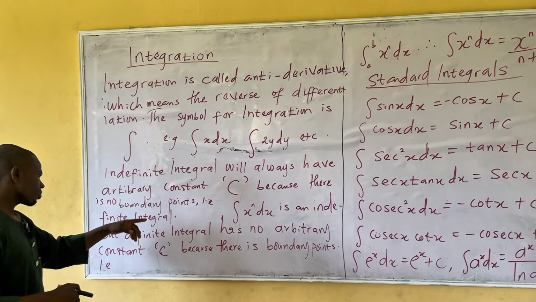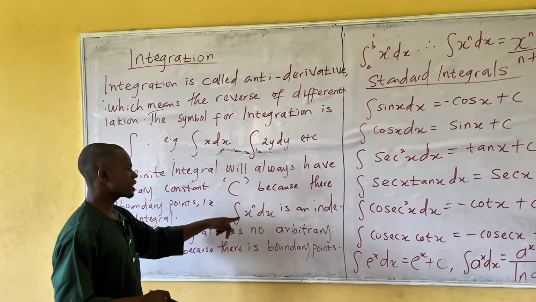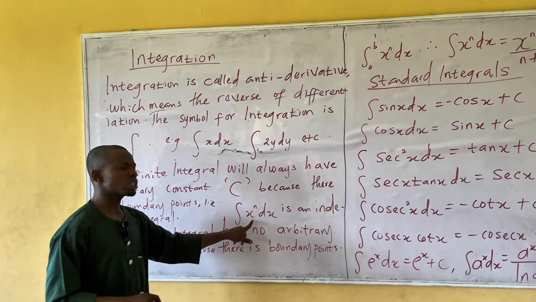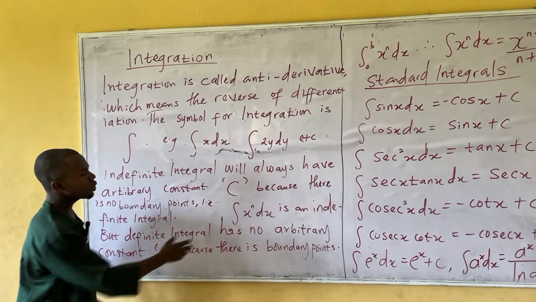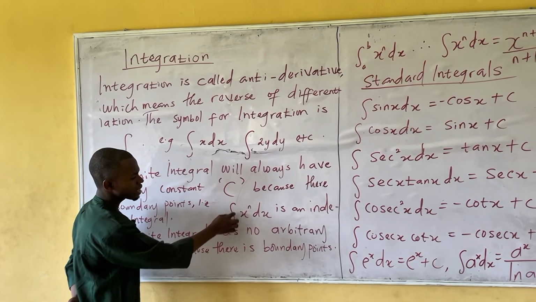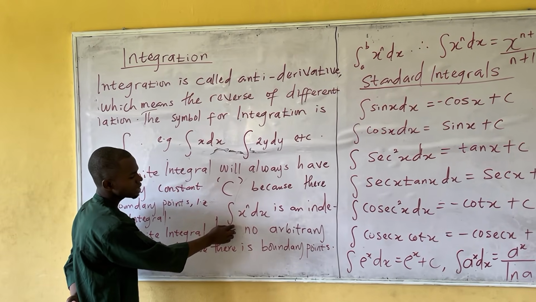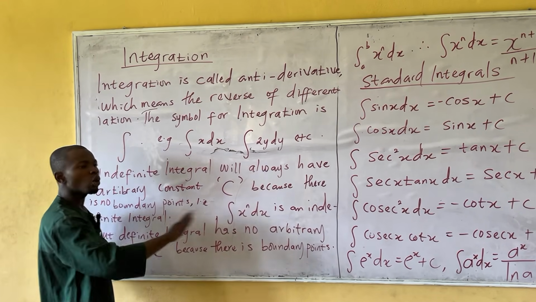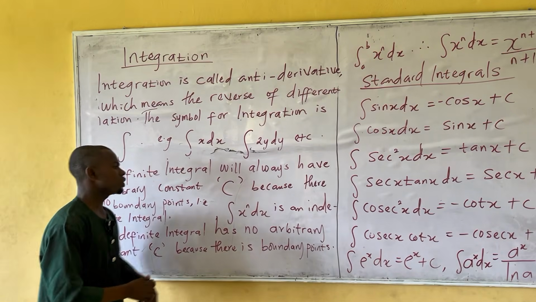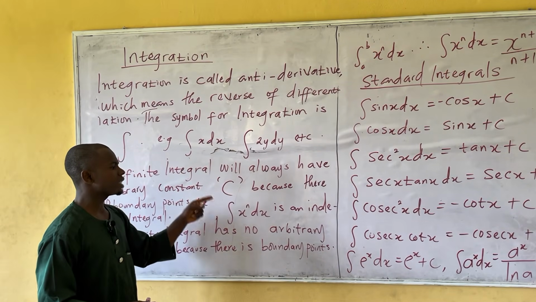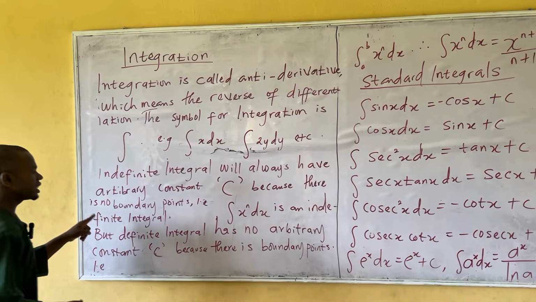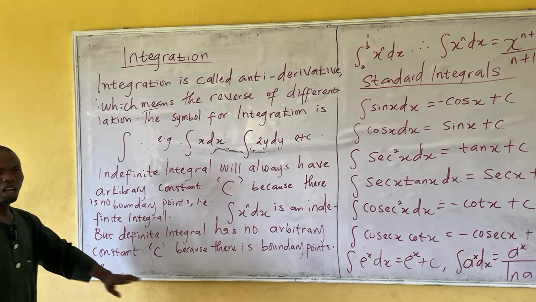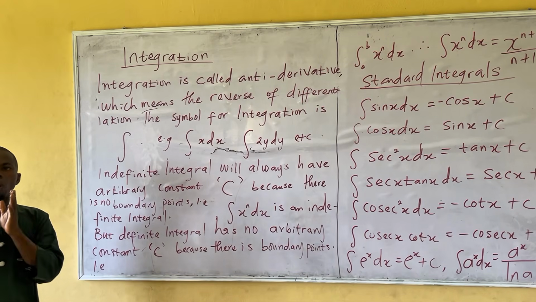That is the integral of x raised to the power of n dx. There is nothing at the lower bound and nothing at the upper bound, so it is an indefinite integral, because there is no boundary point.